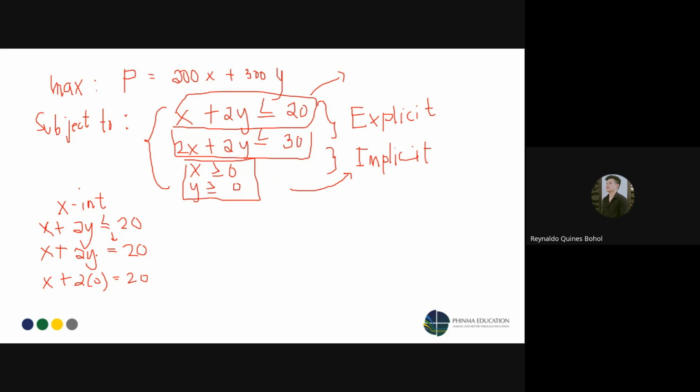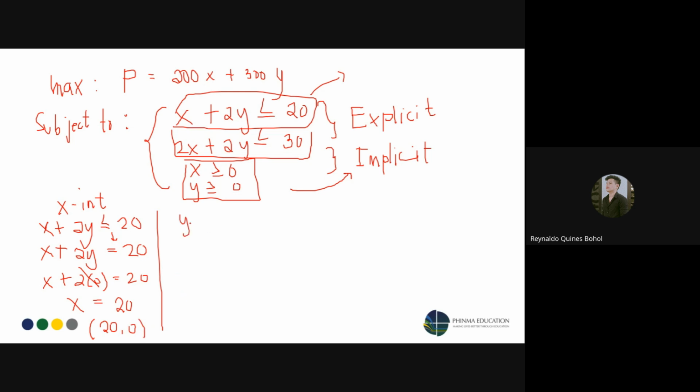So, in getting the x-intercept, just let y is equal to 0, just like this. And then the answer will be x is equal to 20. Okay? I repeat, x is equal to 20. Next, i-graph natin siya, kaya dapat ilagay nyo dito 20, tapos 0.